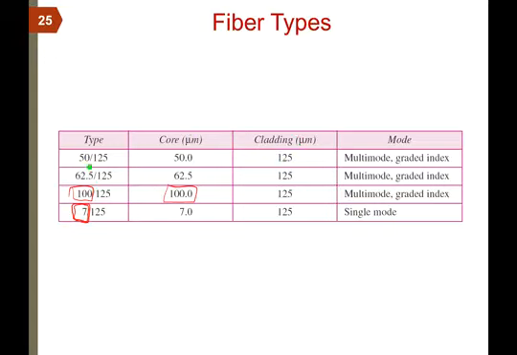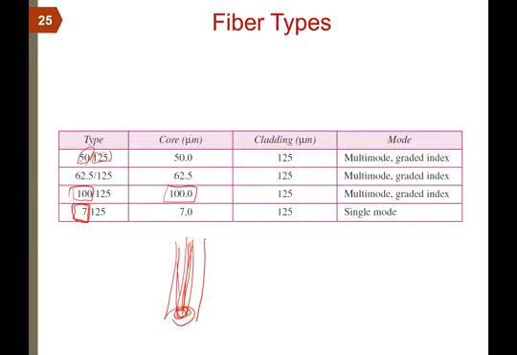You see these numbers, core to cladding. So core is 50, cladding is 125. But here core is 7, so in single mode the core is very thin. They're all the same cladding in this case, 125. But in multi-mode, the core will go bigger.